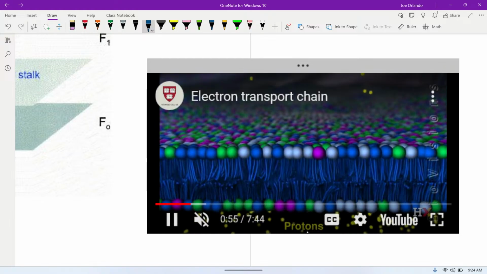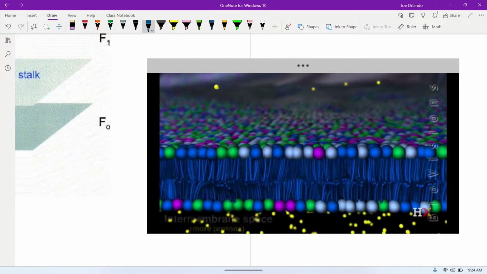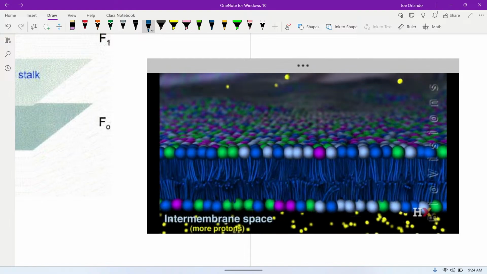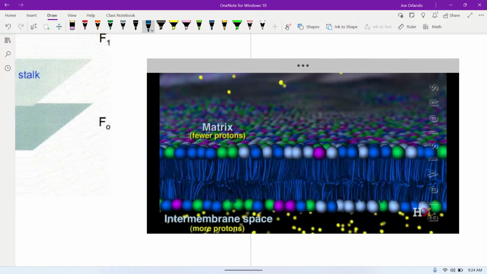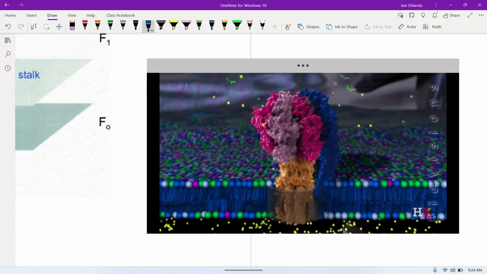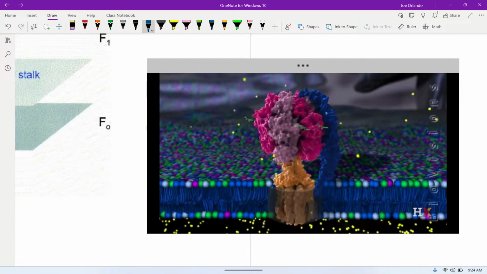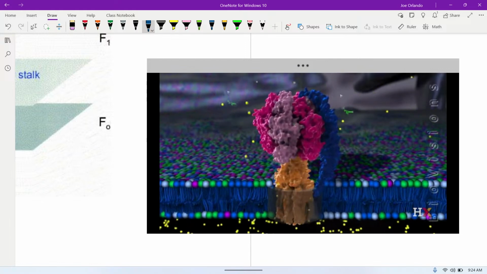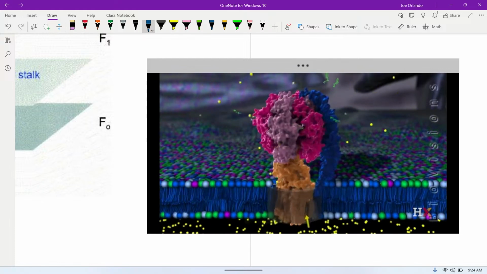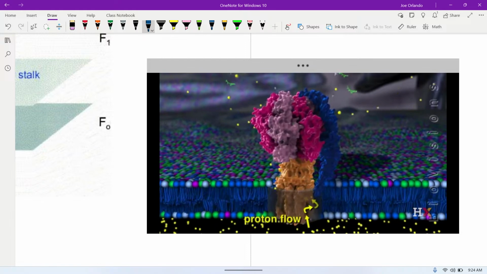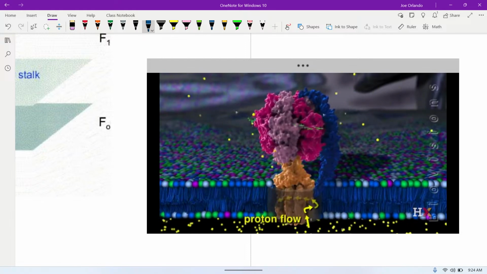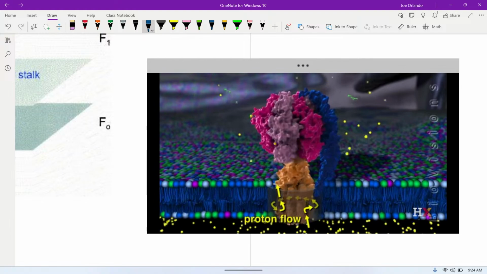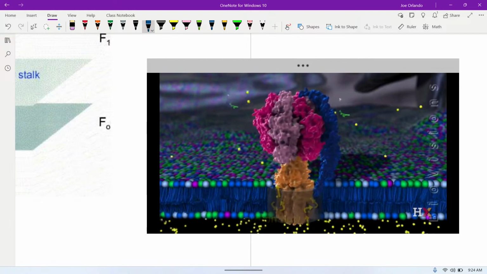We've got all these H plus ions, which by the way are just protons, in the inner membrane space, and the matrix is largely devoid of them. And look again, you can see that it's actually a mechanical action. It is the torsion of this thing that provides the delta G, that provides the free energy to phosphorylate ADP into ATP.